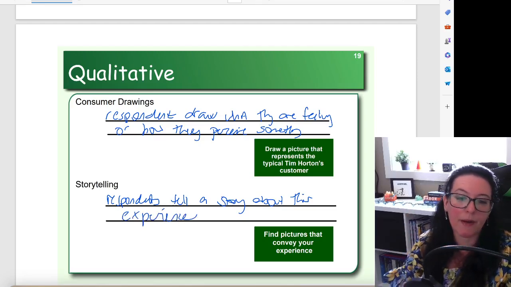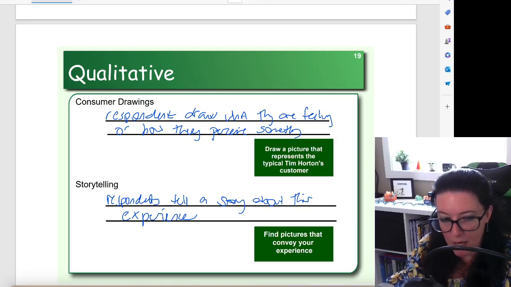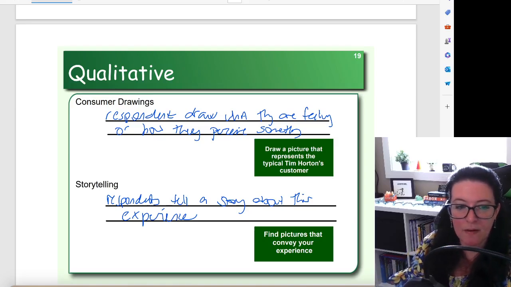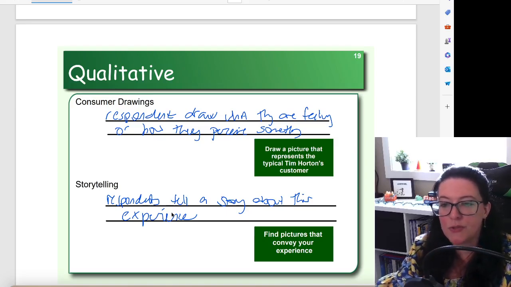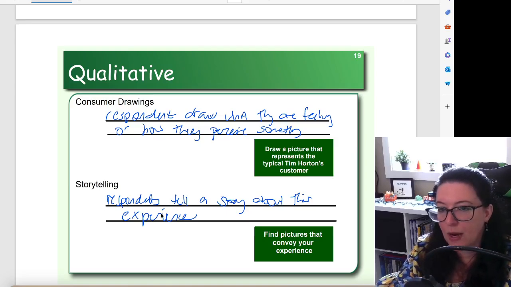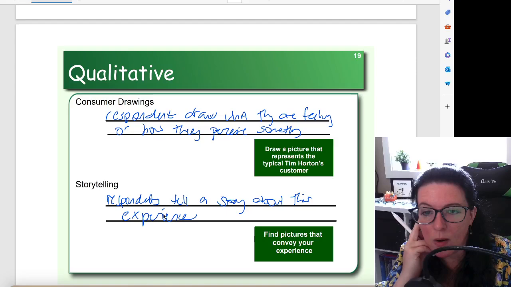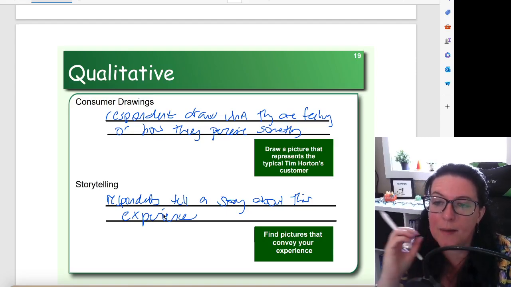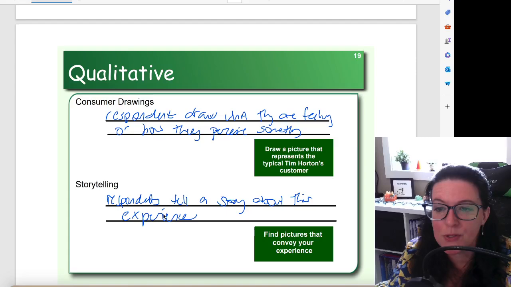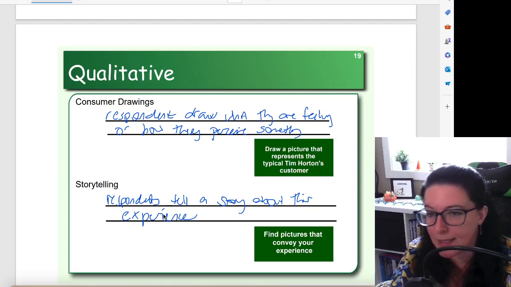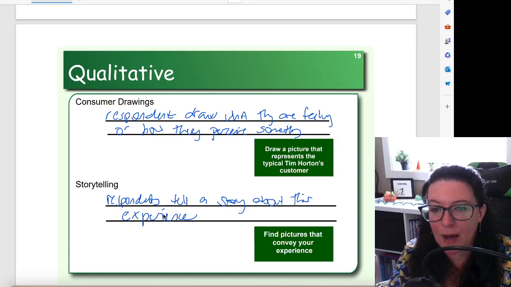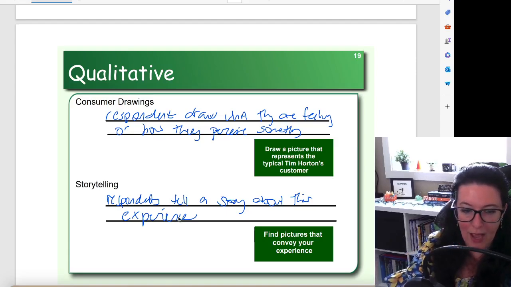And that can be an experience with a company, with a product. So tell us about the first toy that you got as a child. What was that toy? How did you end up getting it? So walking us through that experience, telling us a story about some experience that they have had.